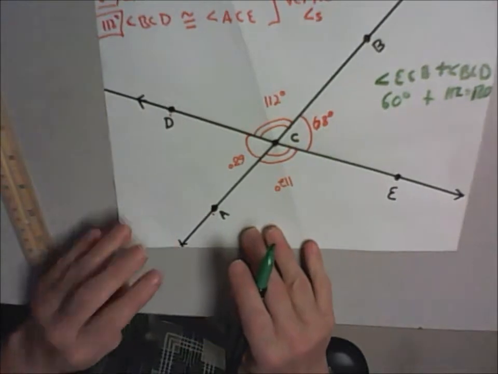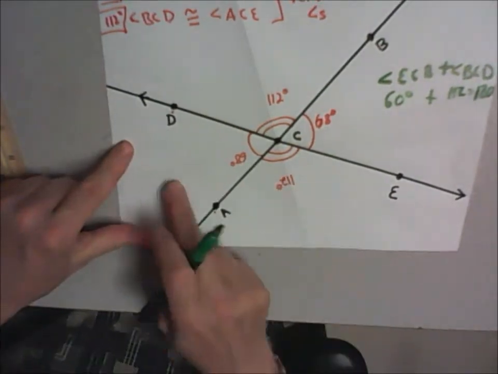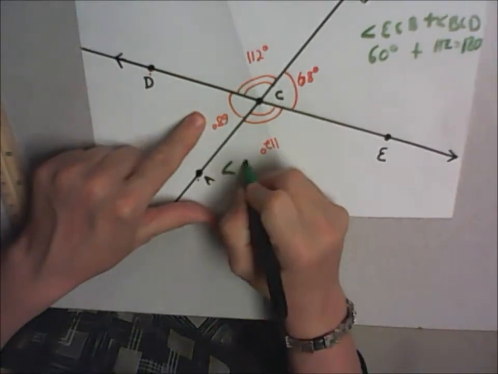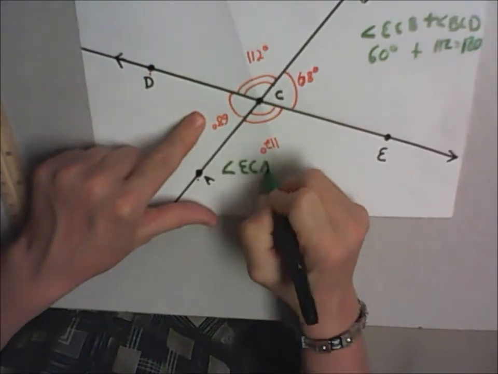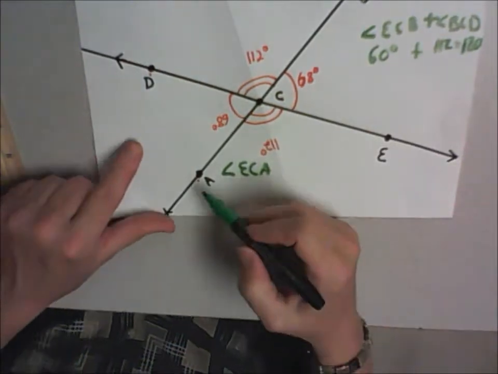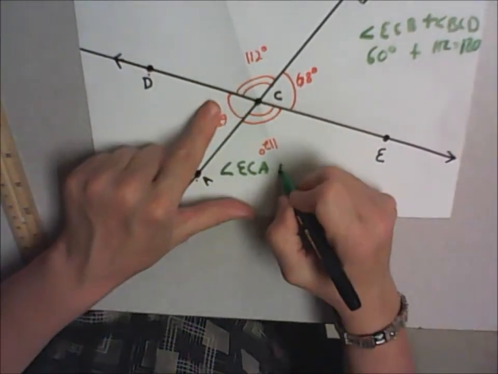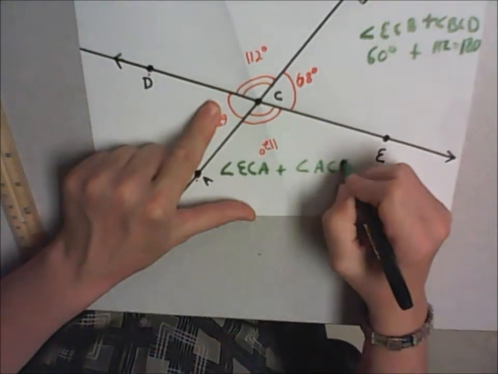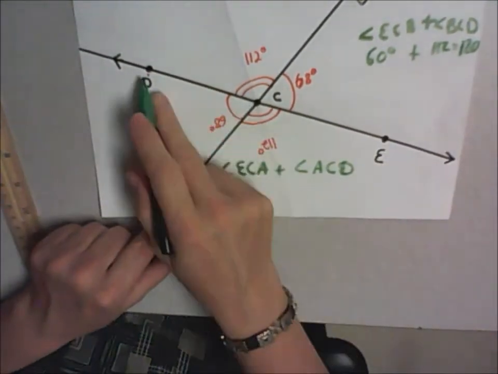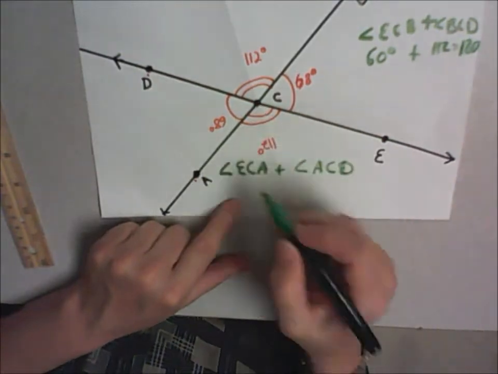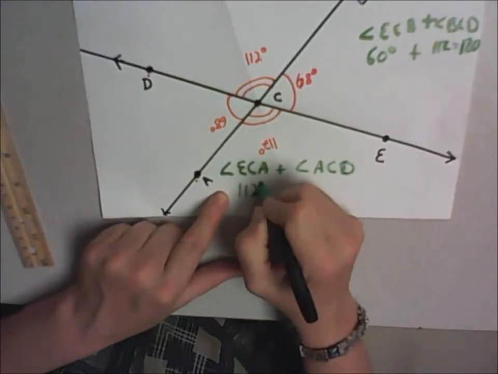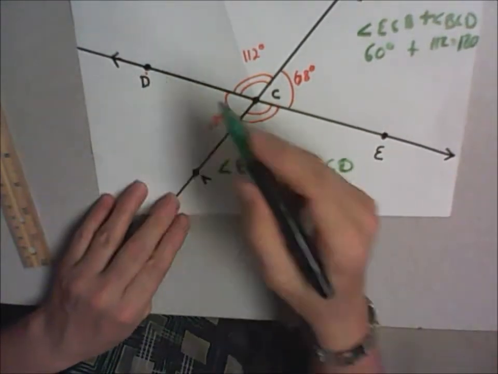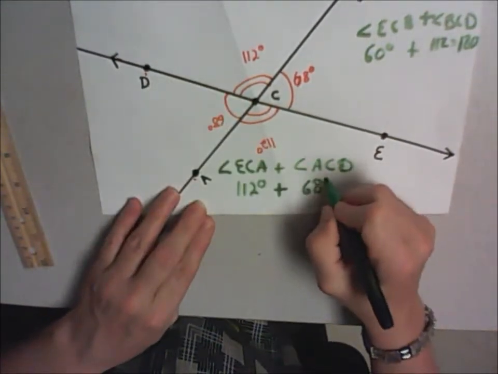Well, is that true the other way? If I look at these two down here, this is ECA, so angle ECA, and I add it to ACD. ECA is 112 degrees, and I'm adding it to ACD, which is 68 degrees.